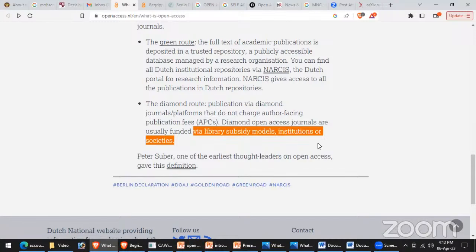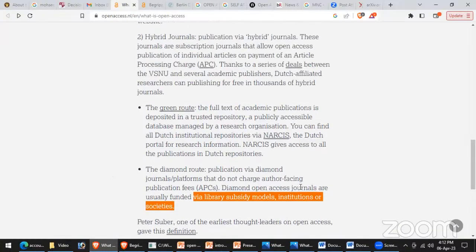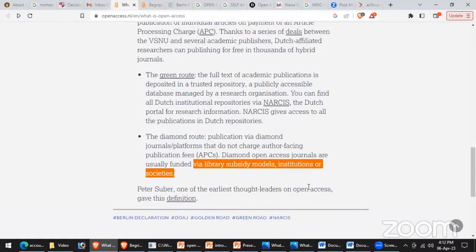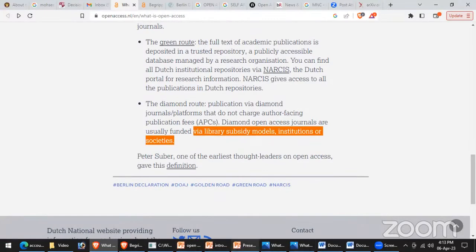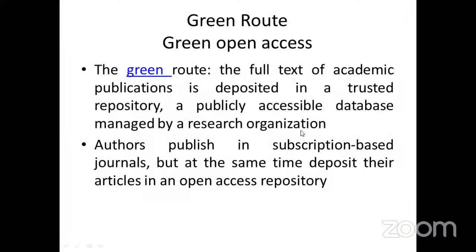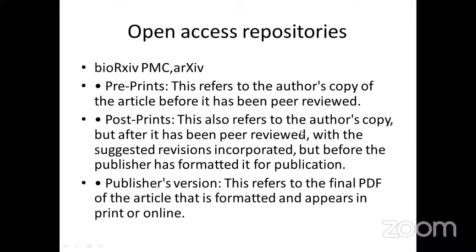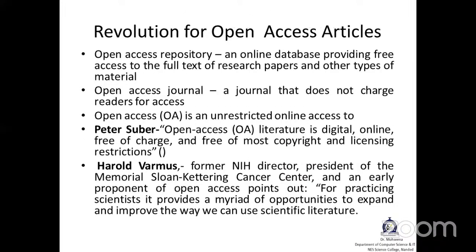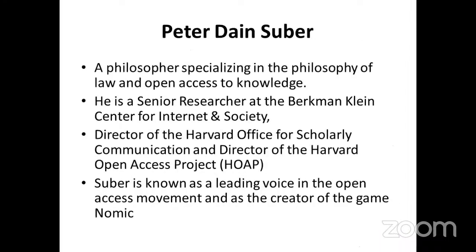DST is one best example. Does everyone know what DST is? NIH, DST, these are the organizations which fund research. Is that clear? Is that clear, everyone? These are your different types of open access.